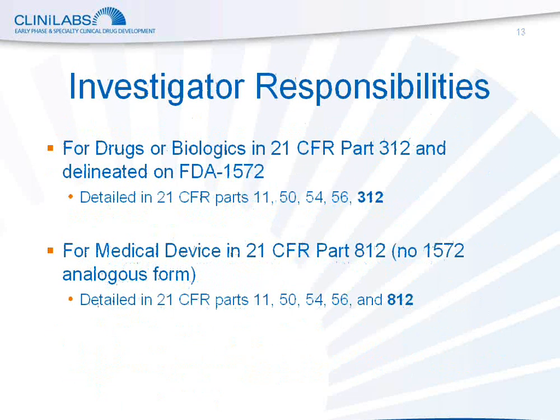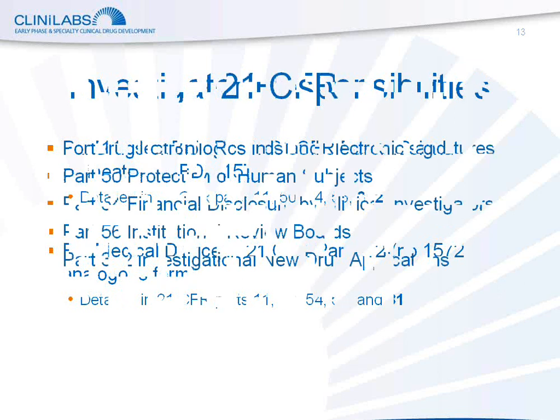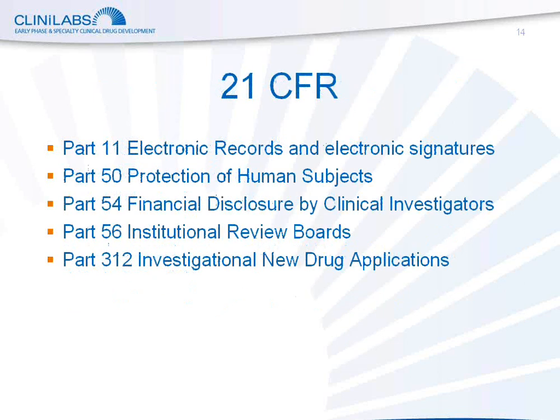So as I mentioned, the investigator responsibilities for drugs or biologics are listed in CFR Part 312, and it's delineated in the Form 1572, which we'll be going into in more detail. For medical devices, it's Part 812, and they also share the same CFR Parts 11, 50, 54, and 56, which are described here.